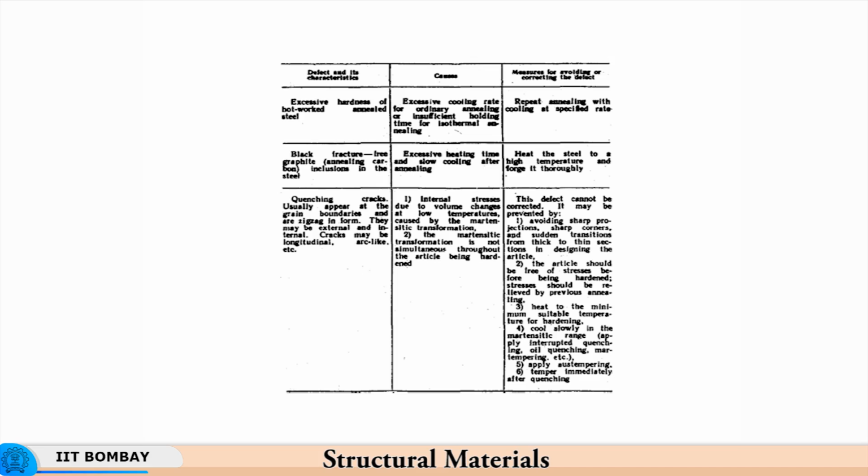And then heating to excessively high temperatures, because the stresses which are generated are proportional to the extent of cooling. Because you see, if you cool from a very high temperature, delta T is large, and therefore alpha delta T, not Cp delta T, alpha delta T is something that is much higher. So, the extent of thermal expansion and extent of thermal contraction would be much more if you have heated to a very high temperature.